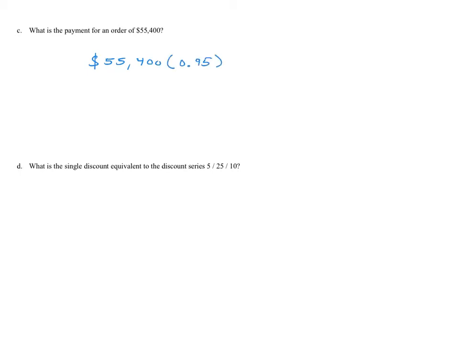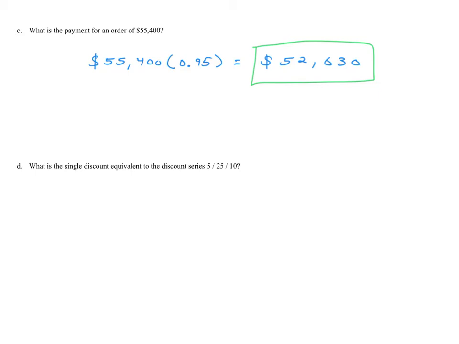Multiplying by 0.95 will give us the total payment. So 55,400 times 0.95 gives us 52,630. So a little discount, but that would be the final payment.